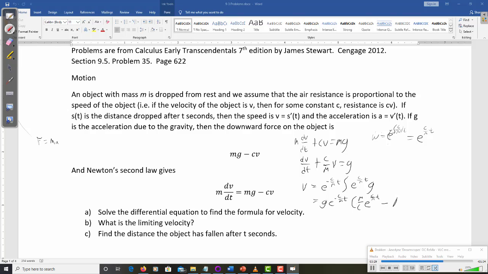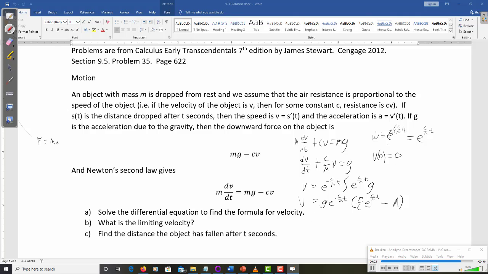I'll call it A. We do actually have an initial condition, so we can find A, because we know the velocity at time 0 is 0 since we dropped it from rest. So v of 0 equals 0.